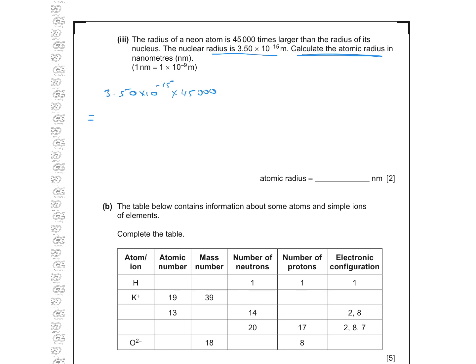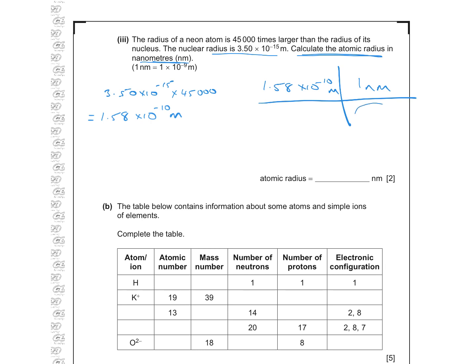And that gives an answer of 1.58 times 10 to the minus 10 meters. Now I've got to convert this to nanometers. So I'm just going to draw out this table, and I'm converting from meters to nanometers.